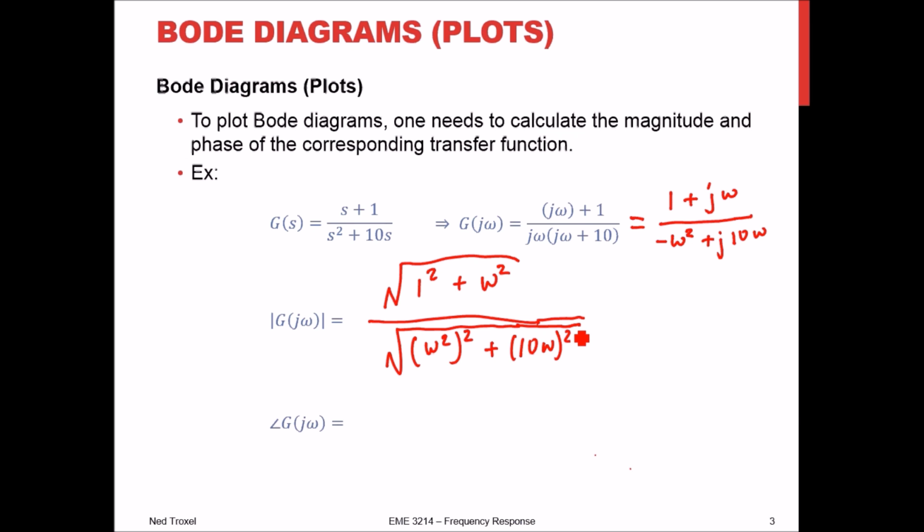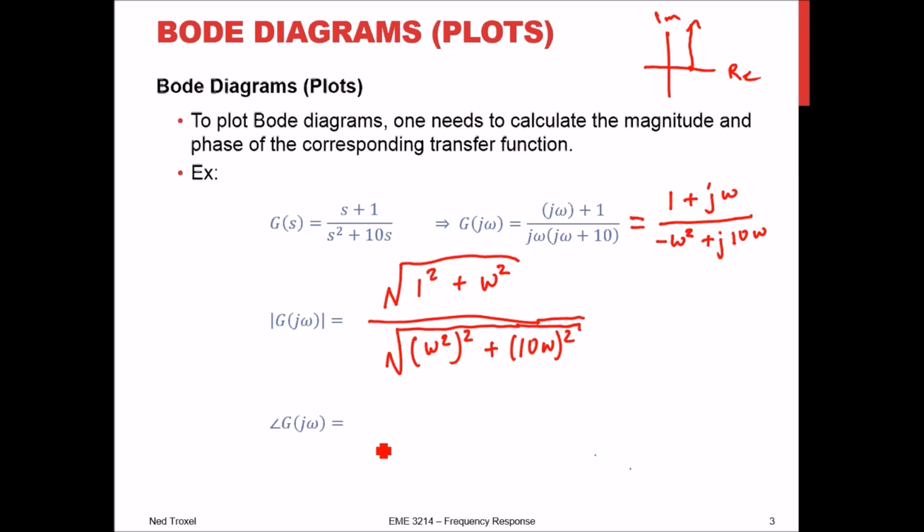Okay, so if we think about the angle of the top, on the real and imaginary axis, that's going to start at 1, and it will travel upwards with omega.